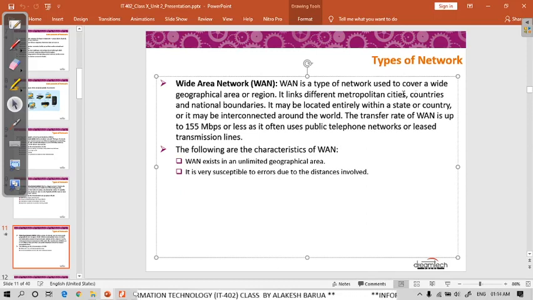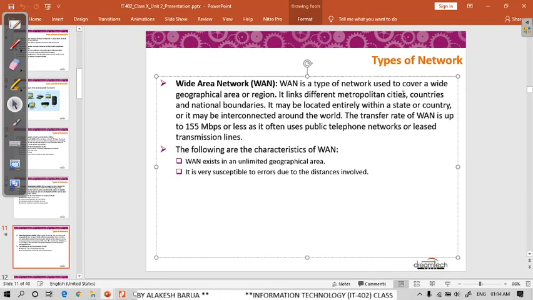Why? Because it needs to extend its reach outside a campus or a metropolitan area, to cities, even national boundaries, and you have to have other media. You cannot just take Cat5 and Cat6 cable and throw it over to the US and connect the other end.